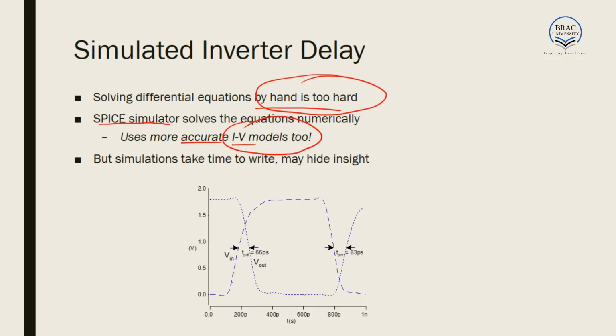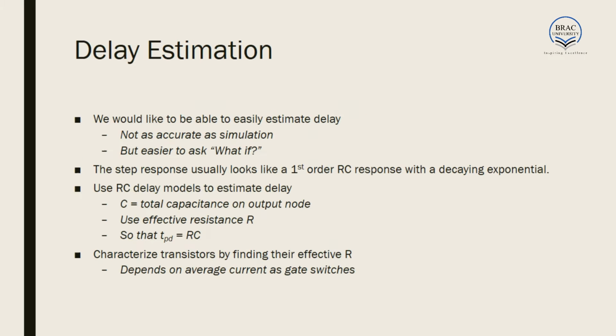But what we need to realize is how the circuit is working, and with simulators we cannot realize that, and solving differential equations by hand is too difficult. So what we do is find a way to estimate the delay.